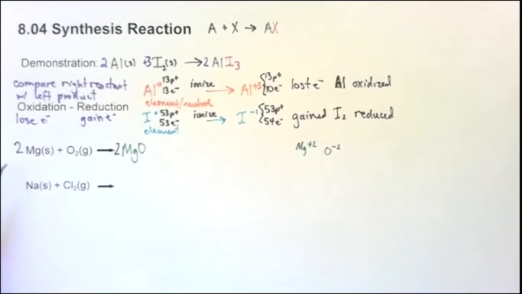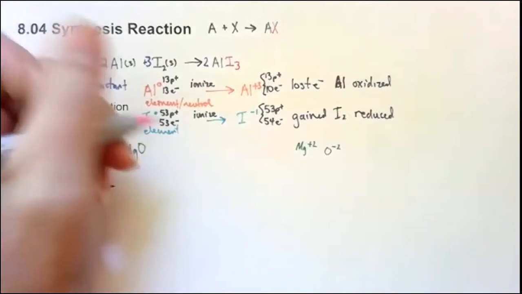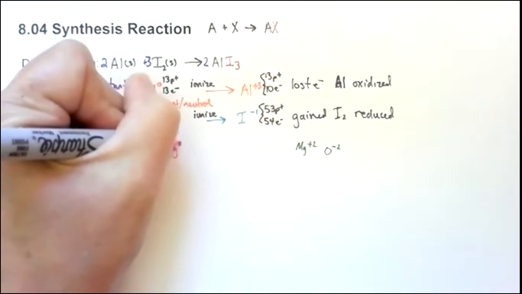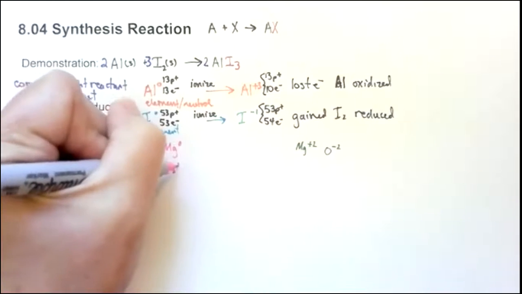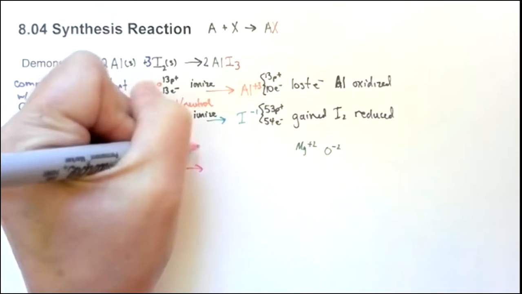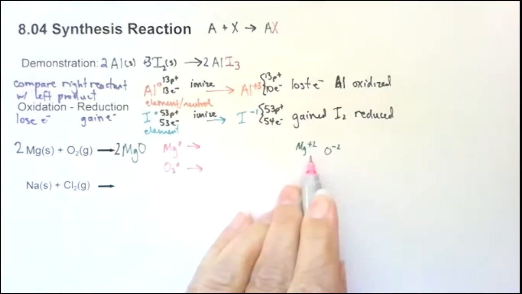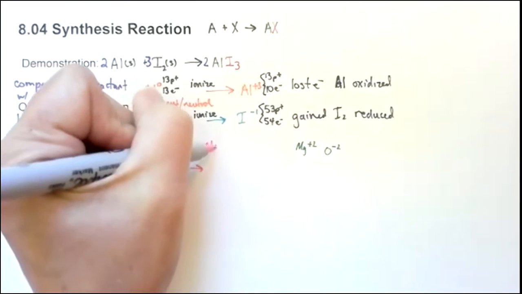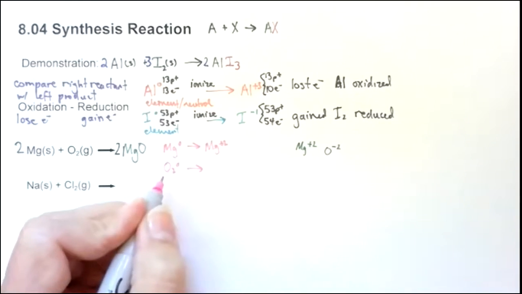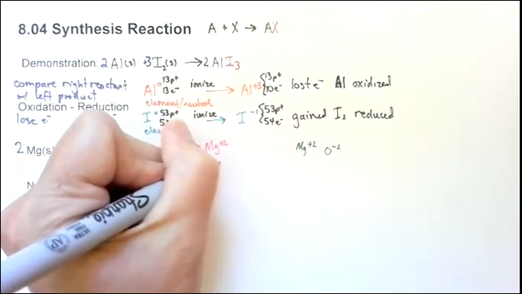So who got oxidized and who got reduced? I've got magnesium is neutral and oxygen is neutral. I went from neutral to a +2. Here I went from a neutral to a -2.